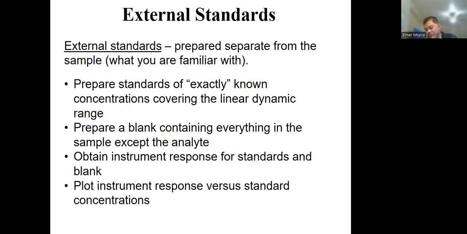It can be used for a single or several concentrations. You can have a single point calibration. How is single point done? Anyone? What is the math principle there? If you do single point calibration, you're just doing ratio and proportion.